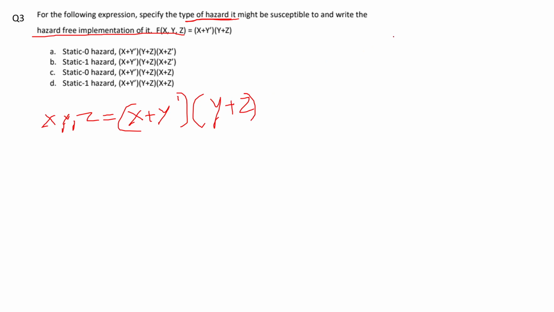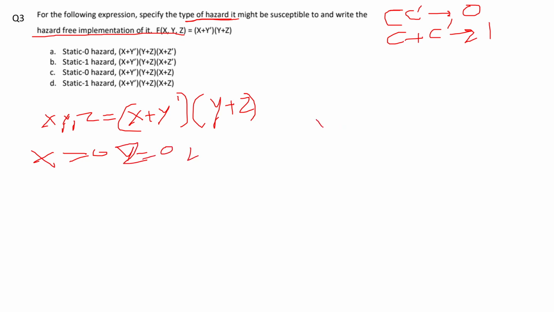We know that if we get a term like C C complement, that's a static 0 hazard, and if we get a term C plus C complement for a certain combination, that is a static 1 hazard. As you can see here, for the input combination x equal to 0, z equal to 0, we get a term y y complement.